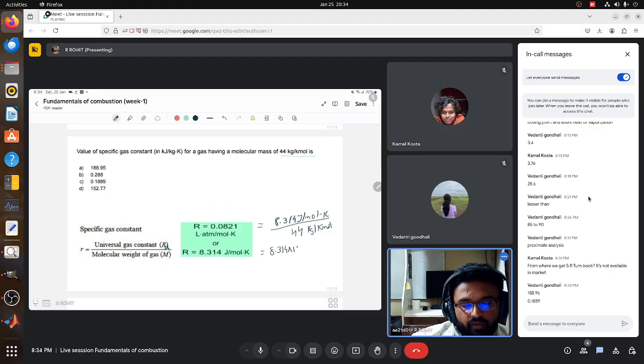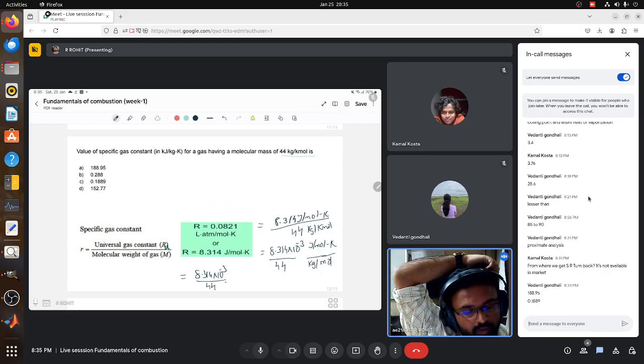So 8.314 into 10 to the minus 3 joule per mole Kelvin divided by 44, and the unit will be kilogram per mole. So if you equate it, it is 8.314 into 10 to the power minus 3 by 44. The moles will get cancelled and you have joule per kilogram Kelvin.